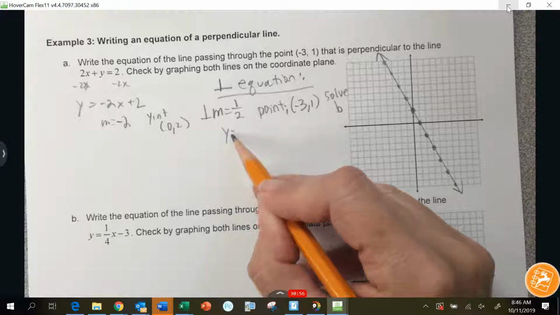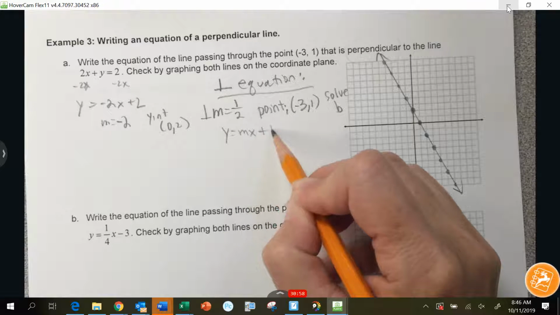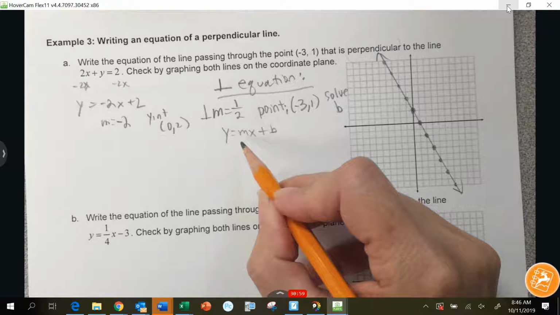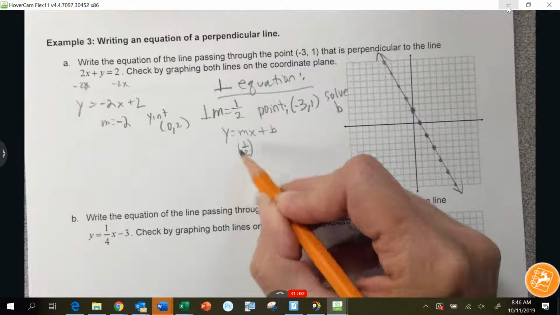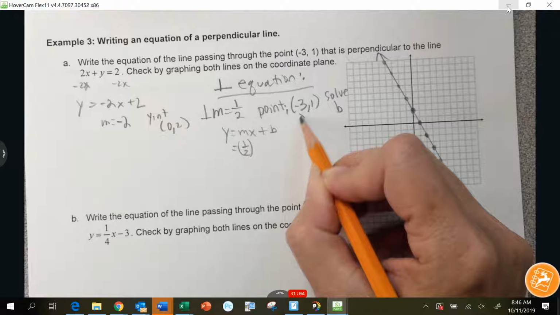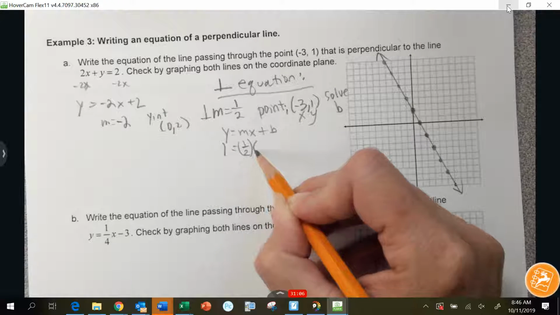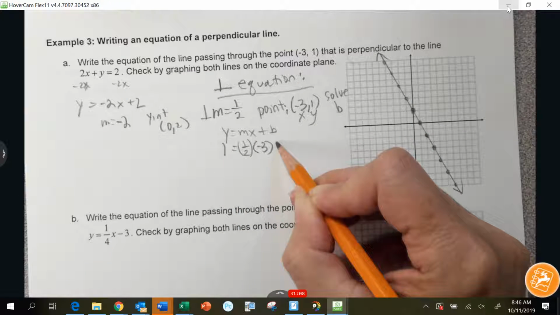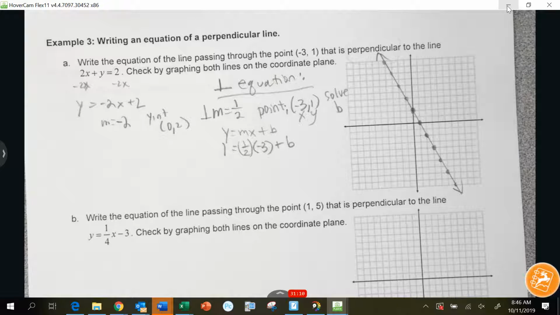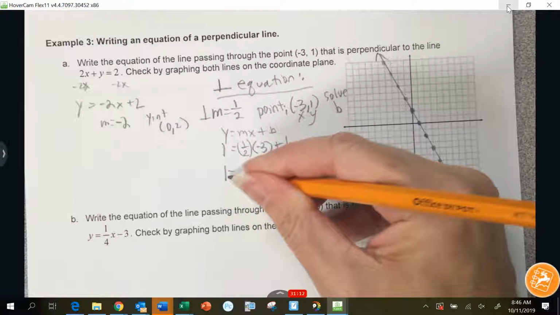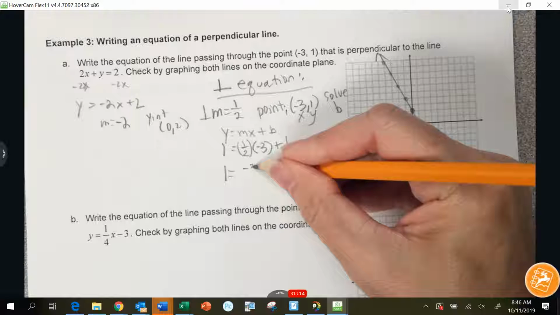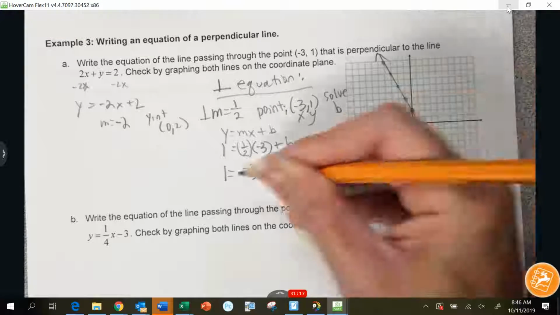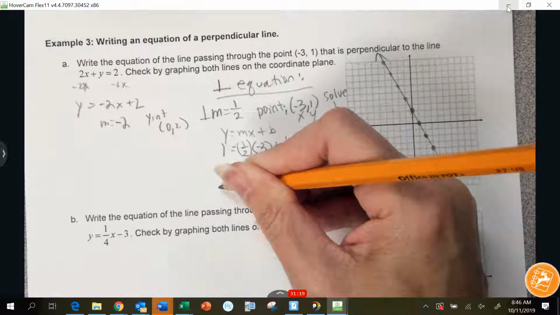So we'll do y equals mx plus b, and we'll plug in half for the m. My y is 1. My x is -3, plus b. 1 equals -3/2 plus b. So I have to add 3/2.